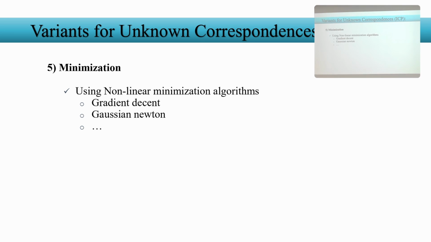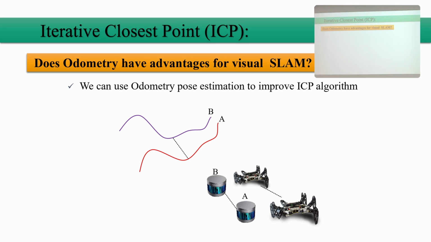It is a fancy imagination of bringing another algorithm from another world to solve this problem. And Gauss-Newton is another technique that, if you are interested, you can study how it works. It solves some problems of nonlinearity with some mathematical equations.